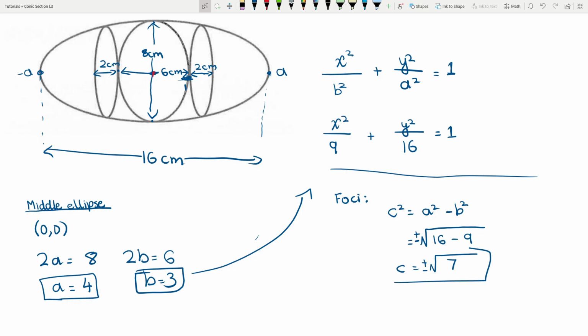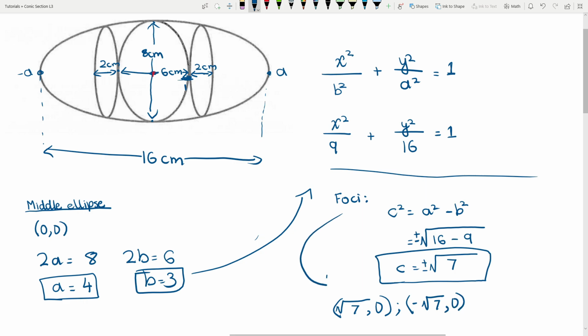So that is the answer for this. I'll just put it into coordinate form. So here we go. This is our foci in coordinate form. And now let's move on to the next equation.